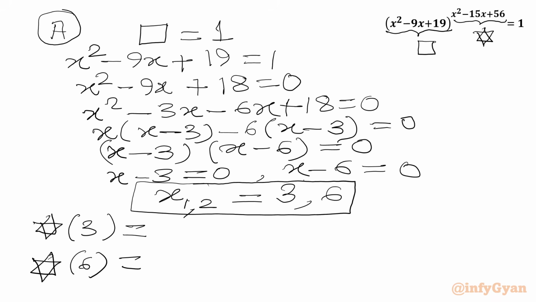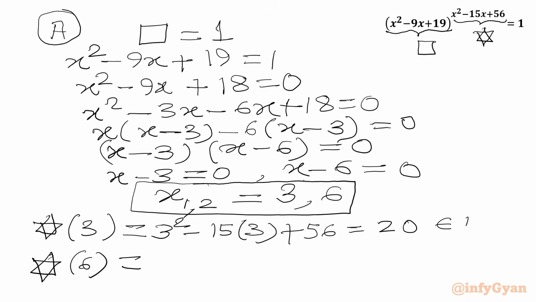We'll put x equal to 3 and write 3 square minus 15 times 3 plus 56. 3 square is 9. 56 plus 9 is 65. Minus 15 times 3, which is 45. It is 20, which is a real number. Similarly, star at 6.